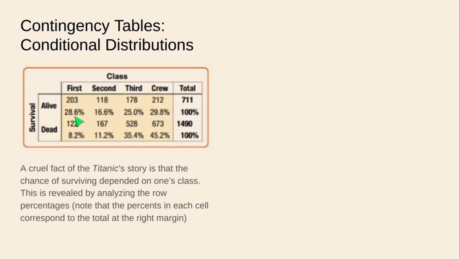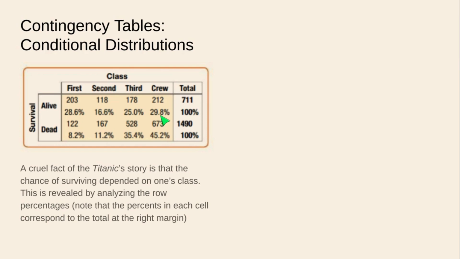This means that of the people who were alive, all 711 of them, 28.6%, or 203 to be exact, were in the first class. All right? Out of the total people who were alive, 16.6% were in the second class. And out of the total people alive, an even quarter were in the third class.